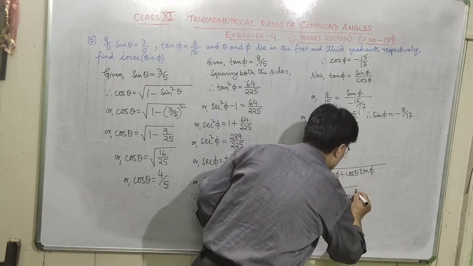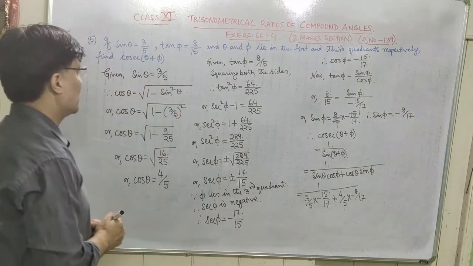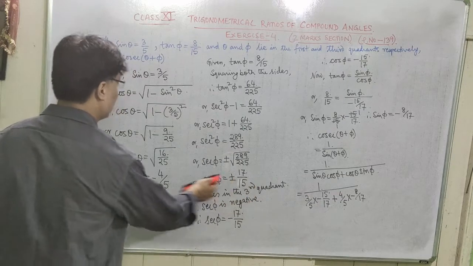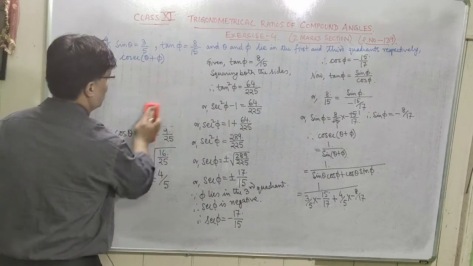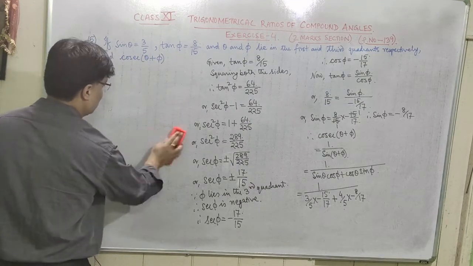It is minus 8 by 17. So I think you have understood it. In the next step, let's simplify it further.